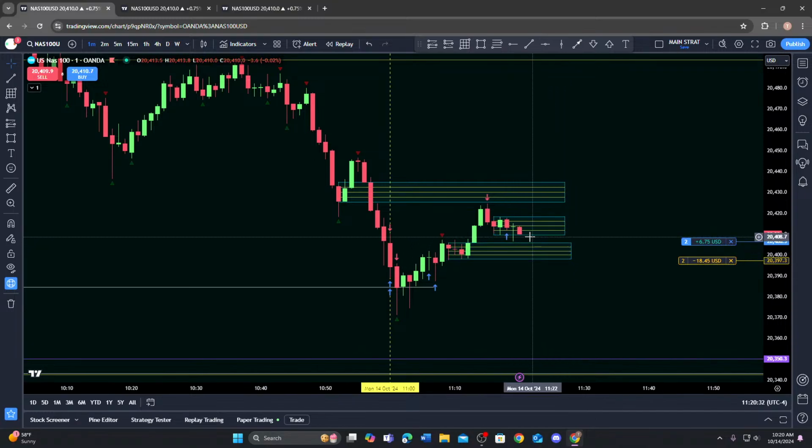But if we do, and we come back and support price, then we will have a change in order flow.